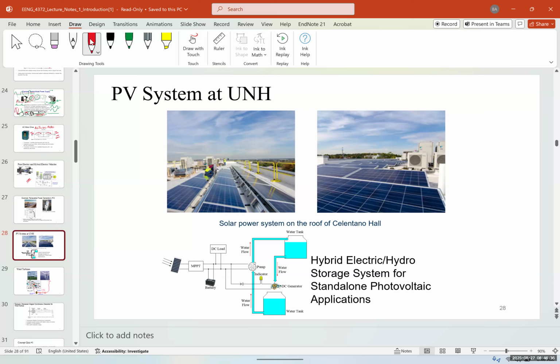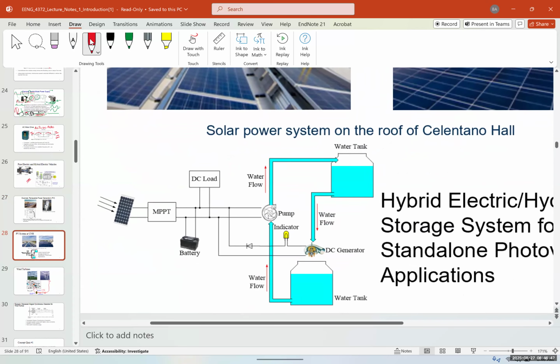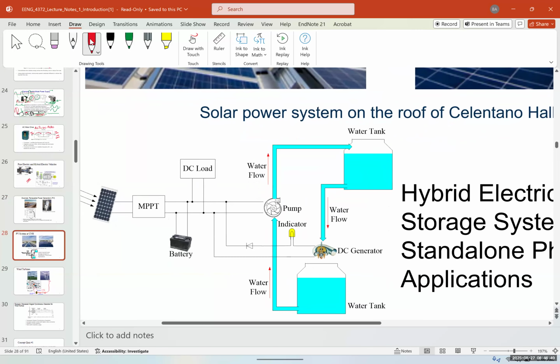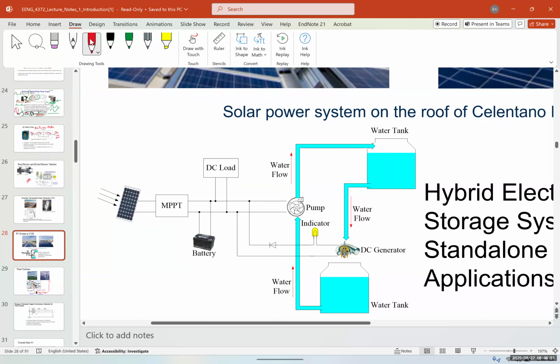So this is a PV system at UNH, and this is a system that actually stores power as well. How does it store power? Using a water tank, a hydroelectric pump. During the day, you can charge the battery, and also we can have 2 water tanks at different elevations.